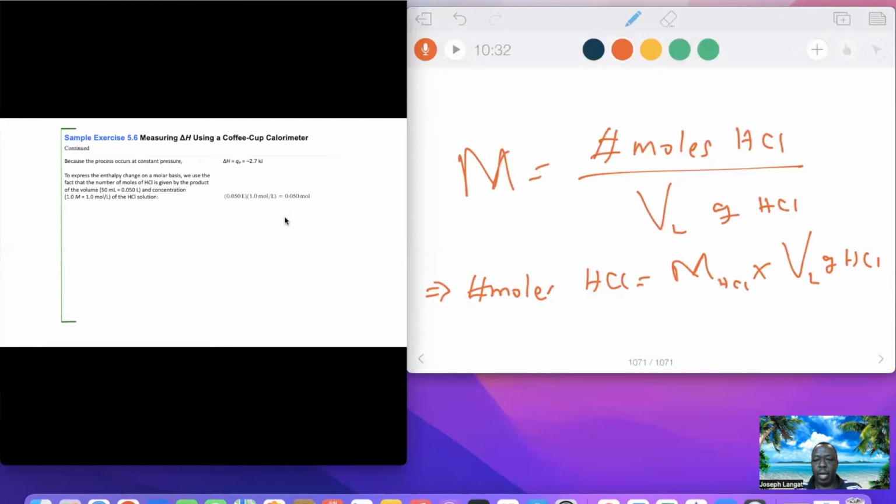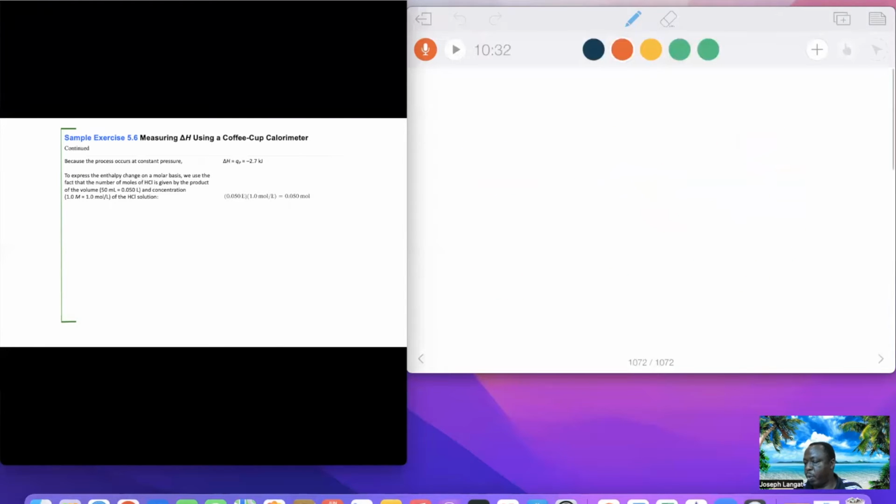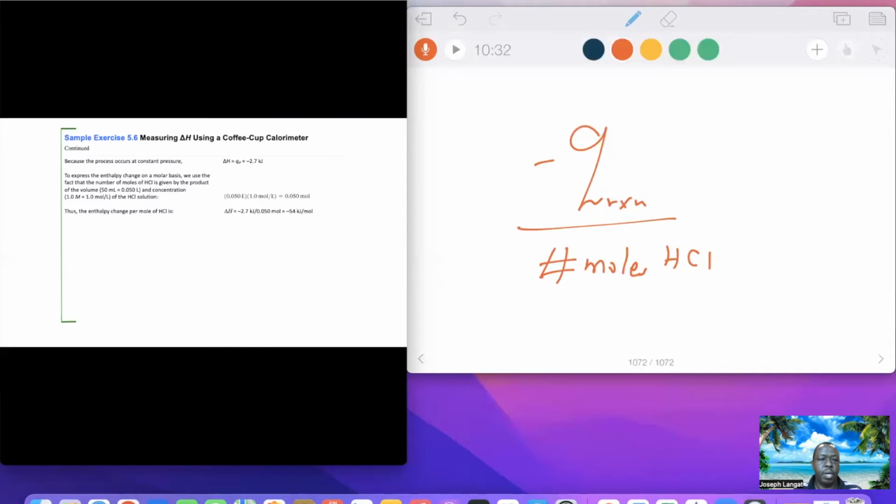So if we divide that per mole, it's going to be Q for the reaction, and remember, it's negative, over the number of moles of HCl. If it was for sodium hydroxide, we'd just plug in there. So remember that you have to divide by the number of moles.